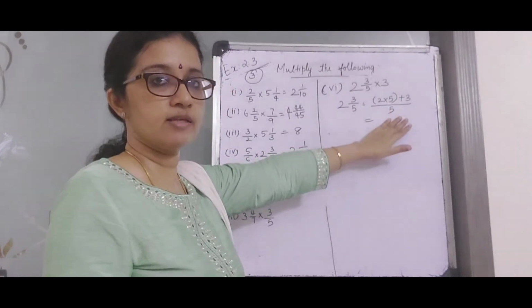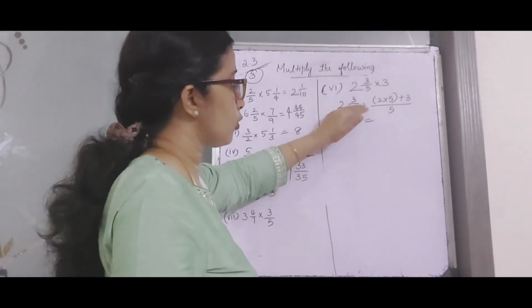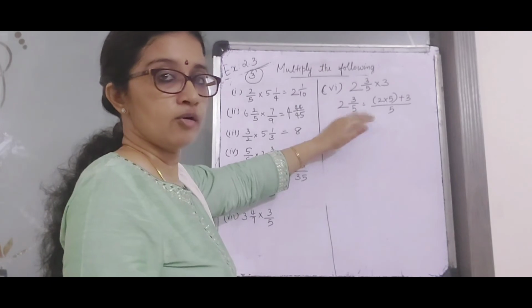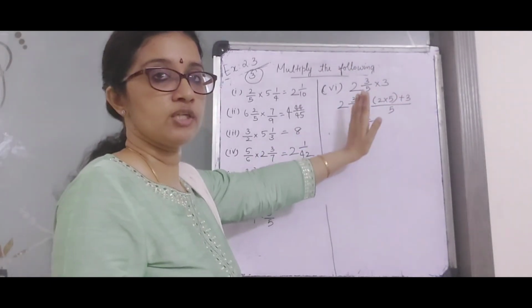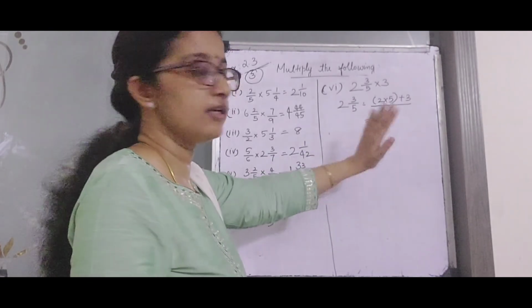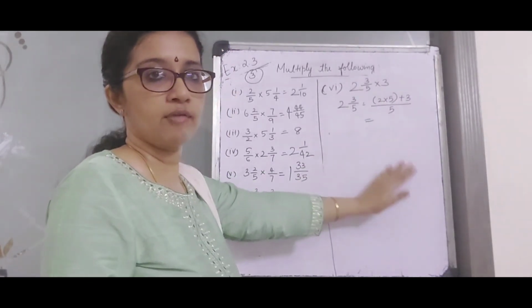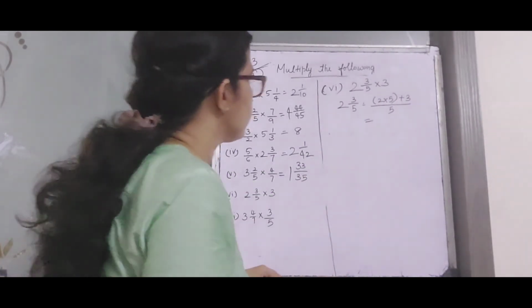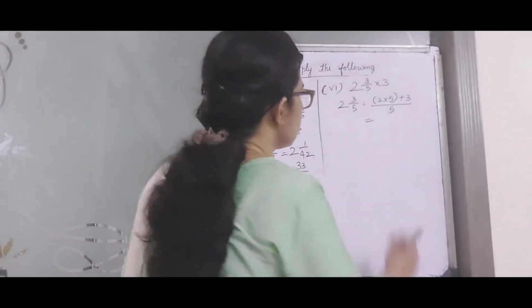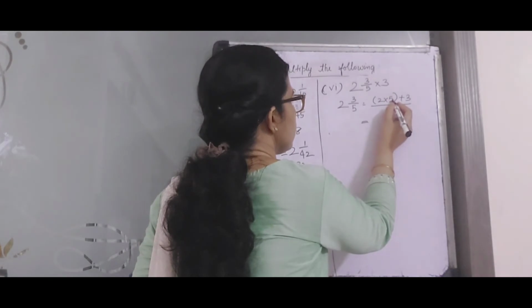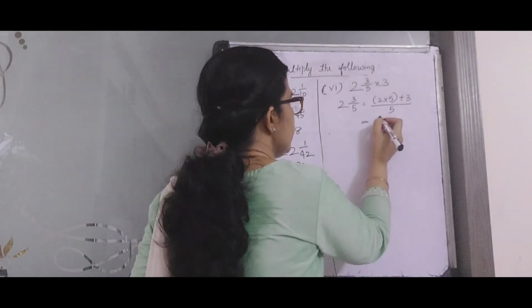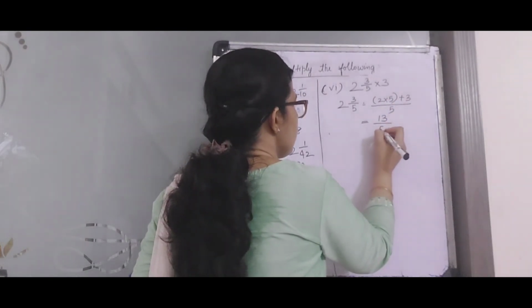You have to know what the formula is. Okay. Quotient into divisor plus remainder by divisor. Okay, so you have to be clear with that. So this can be written as 5 into 2, 10, 10 plus 3 is 13, 13 by 5.